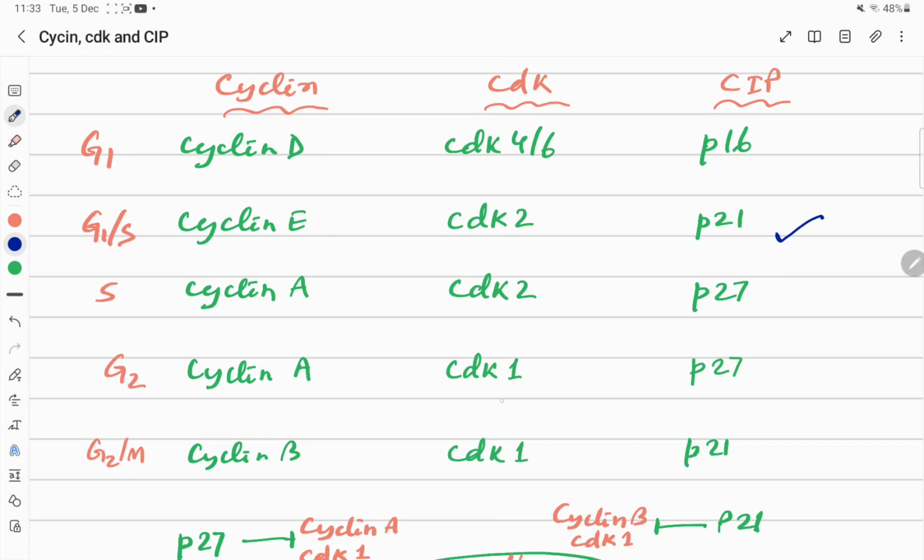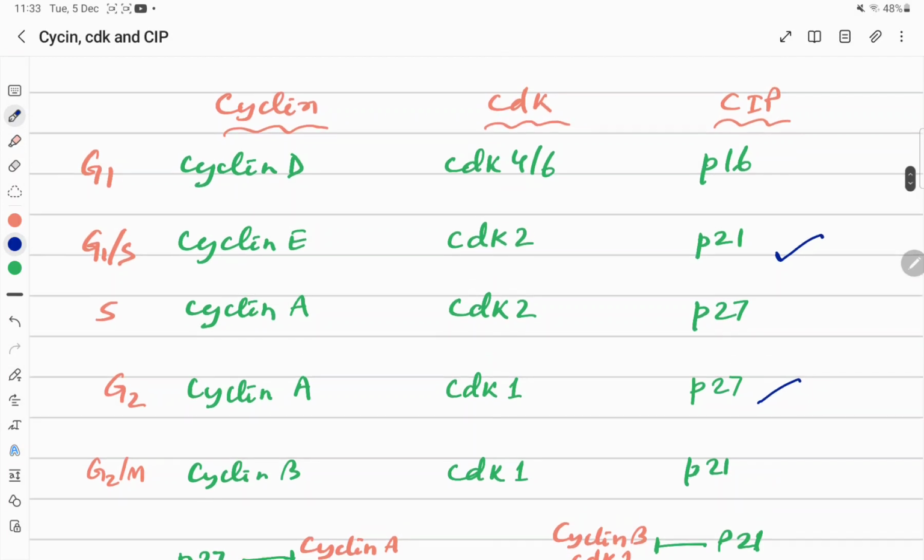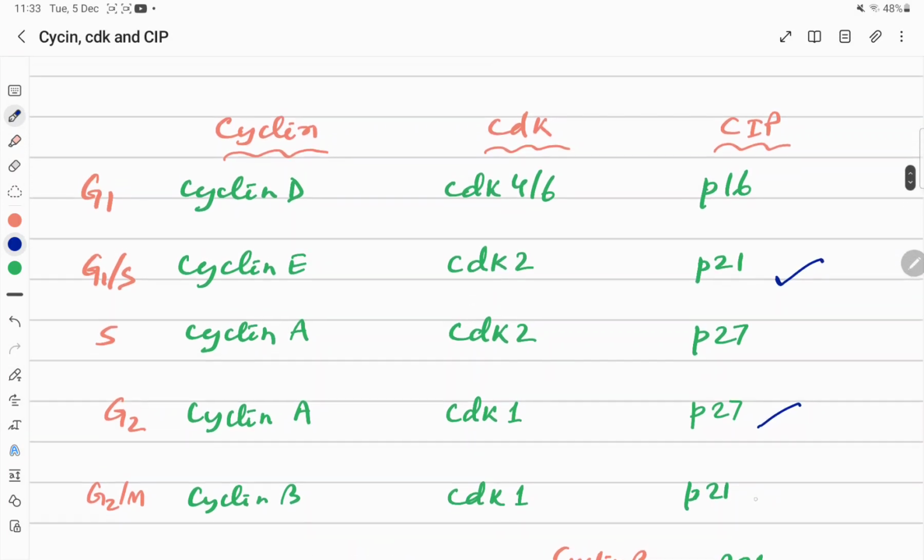The Cyclin A Cdk1 complex acts in G2 phase, and P27 also inhibits this. Then Cyclin B and Cdk1 complex help the cell to progress from G2 to mitosis, and the Cdk inhibitor protein here is P21.